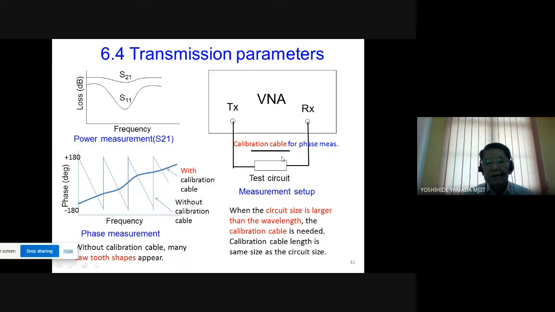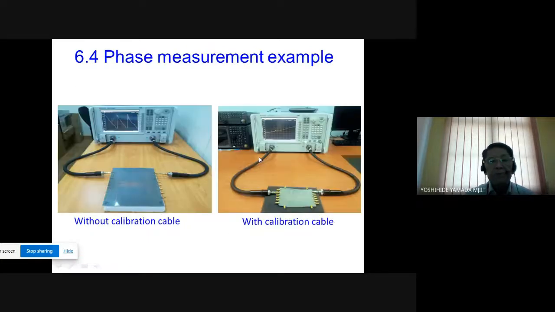This phase difference is originally like this one. So in the case of phase calibration, a calibration cable the same size as the circuit should be used. So this is not correct calibration.